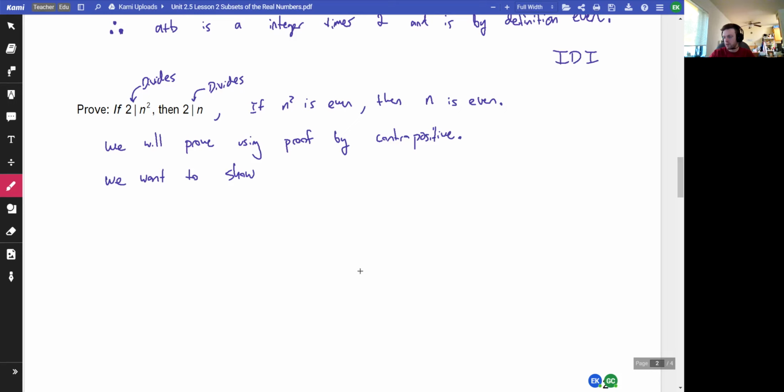We want to show that if 2 does not divide n, then 2 does not divide n squared. This is a little bit easier to show, in my opinion. If 2 does not divide n, what's true?